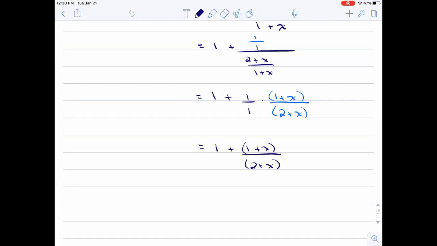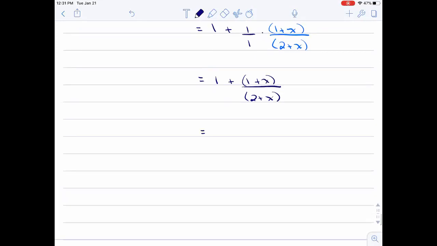Now, same idea, right? I have to get this over a common denominator. I'm going to do that by changing that initial 1 to (2 plus x) over (2 plus x). Technically 1 times (2 plus x) over (2 plus x), right? Whichever way you want to look at it.